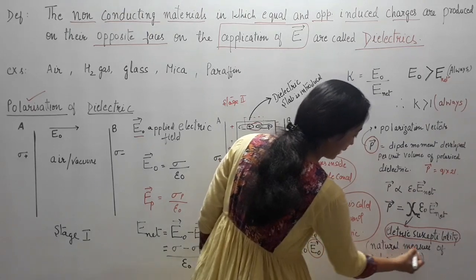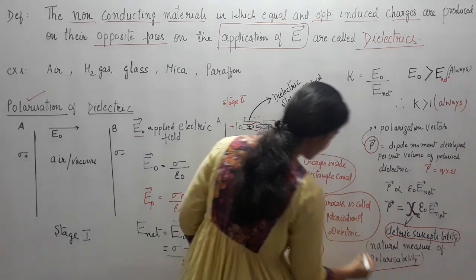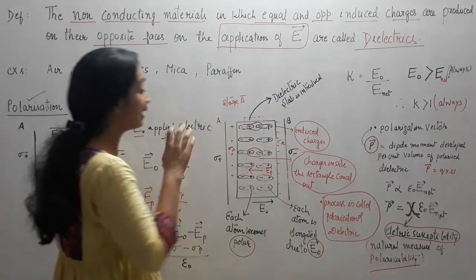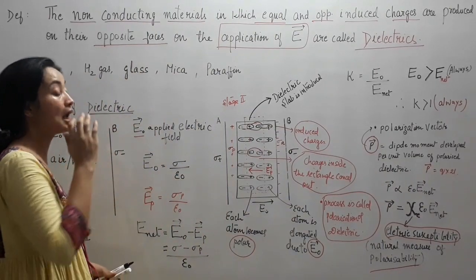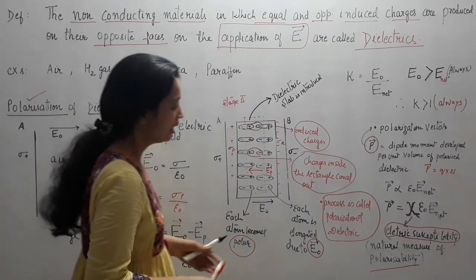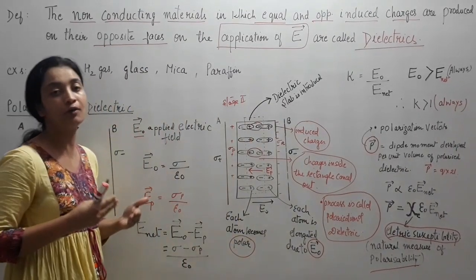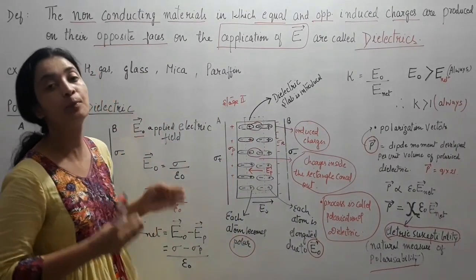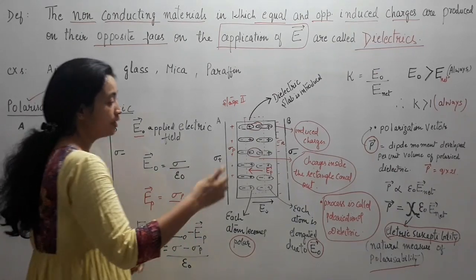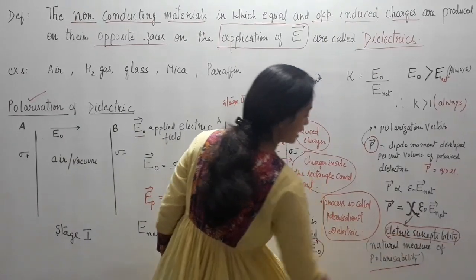It is simply the measure of polarizability, meaning how much a dielectric substance has the ability to get polarized. That is defined by electric susceptibility.